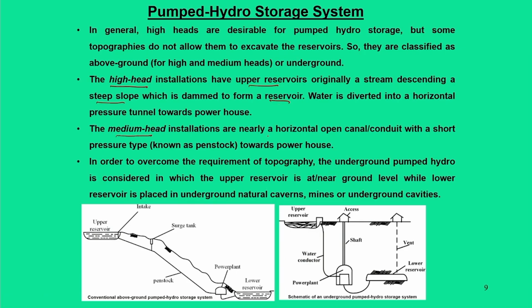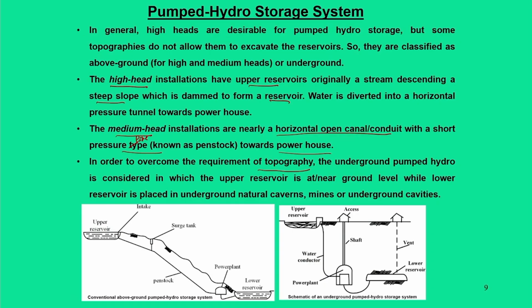It can be a horizontal open canal with a short pressure pipe towards the powerhouse. These two things are mainly necessary to justify the requirement of a pumped hydro storage system. And most importantly, the topography of a geographical site is also important.